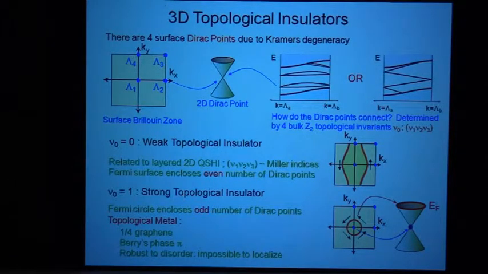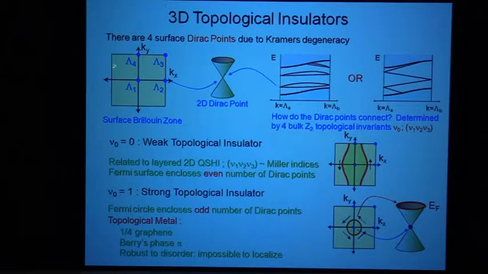Again, a simple way to think about it is to think about what happens at the boundary. The boundary of a three-dimensional system is a two-dimensional plane, and so I can ask myself, what sort of surface states could I have as a function of momentum in this two-dimensional Brillouin zone?